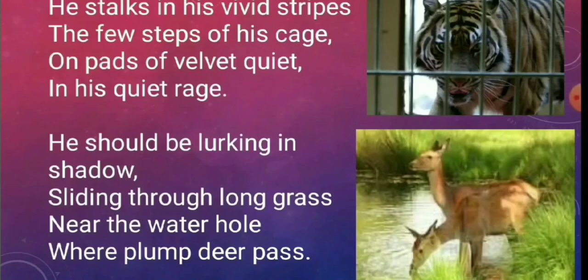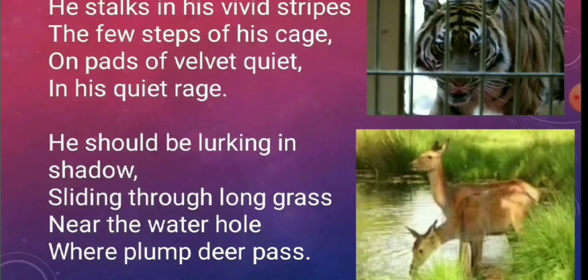The poet wants to say that the tiger lives in the jungle where he is very free to catch its prey and it can eat any deer. But in the cage, the tiger is confined, and it cannot go out.